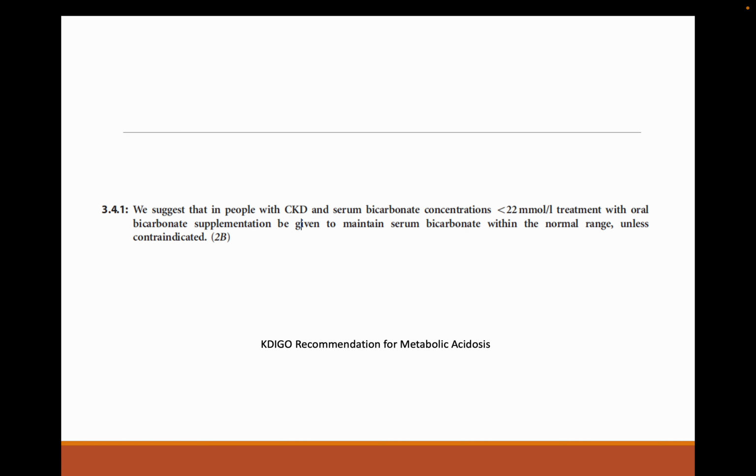Anything less than 22 you should treat in a CKD patient, so that it will prevent the progression of CKD, because acidosis itself worsens CKD. It also causes bone resorption. So to prevent these bone-related problems and the progression of CKD, for any bicarbonate less than 22, we supplement bicarbonate to maintain the normal level. So these are the KDIGO guidelines.